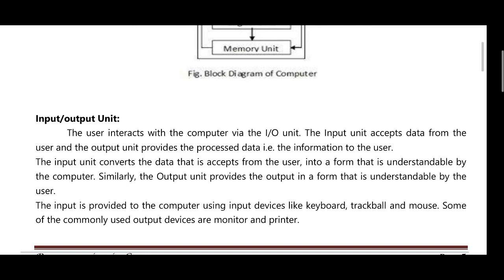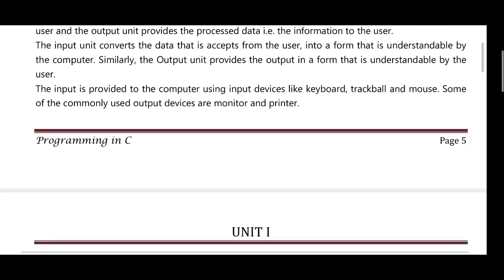The input unit converts the data accepted from the user into a form understandable by the computer. Similarly, the output unit provides the output in a form understandable by the user. The input is provided to the computer using input devices like keyboard, mouse, or trackball.